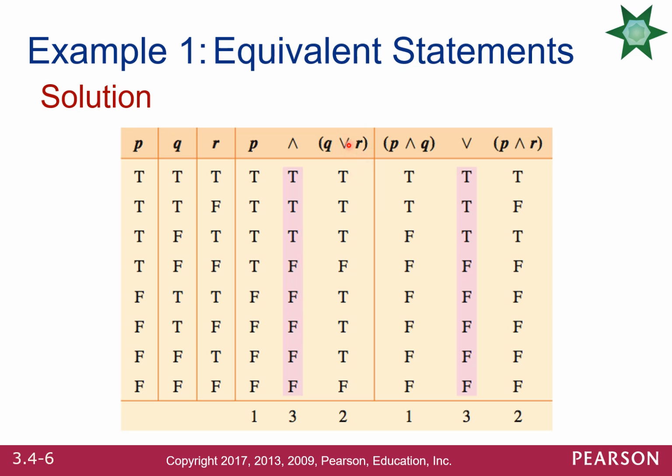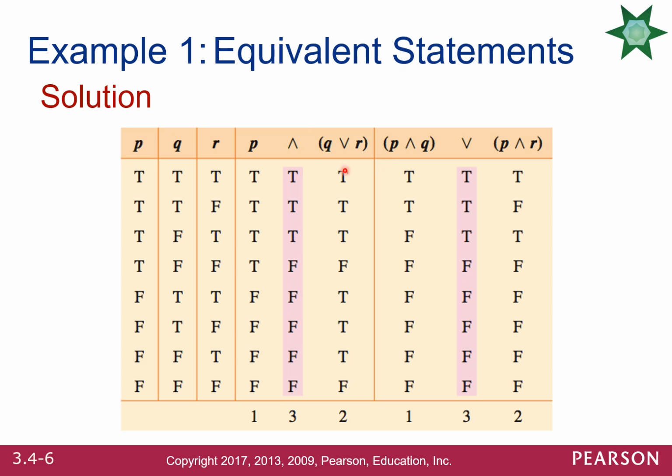So or is disjunction, and recall that for the truth table of OR between two statements, the only time that we get a false in the OR operation is when both values are false, when both statements are false.